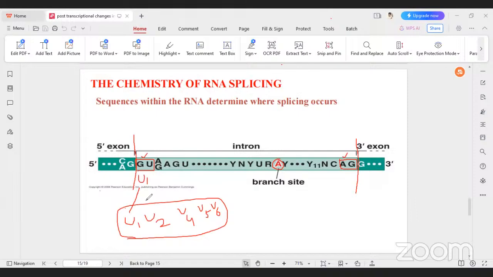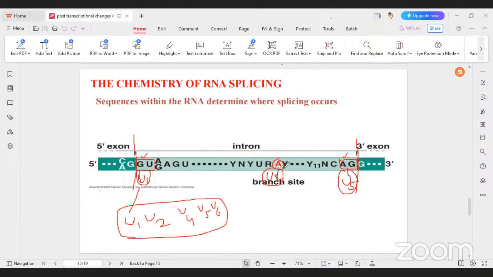Second step: the right splicing junction, this second AG, is recognized by U2AF. Third, the branch site consensus sequence is recognized by U2. And the functions of U4 and U6 are so far unknown.